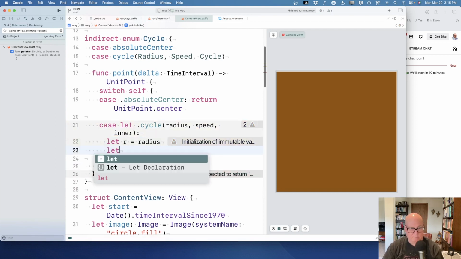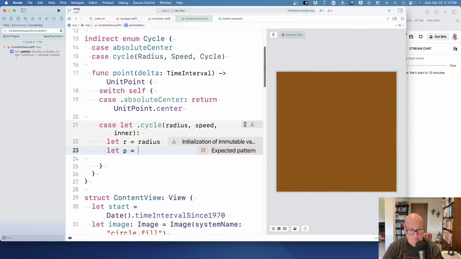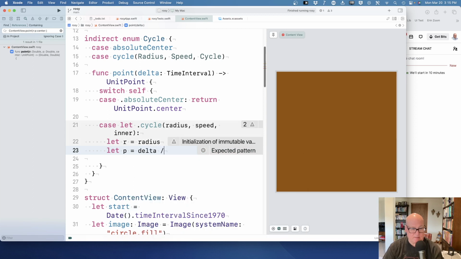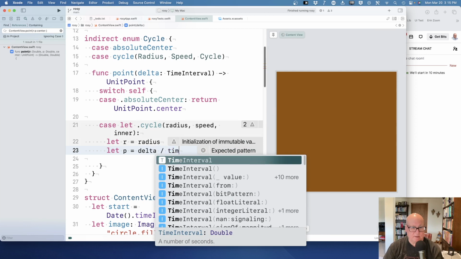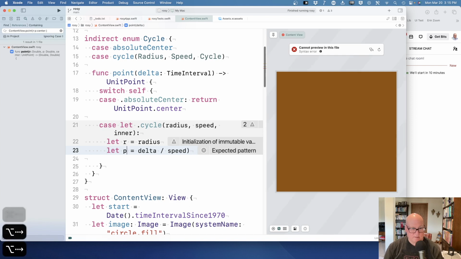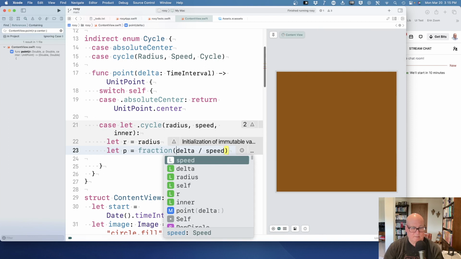Let P equal delta divided by speed. And this should be the fraction of delta divided by speed.